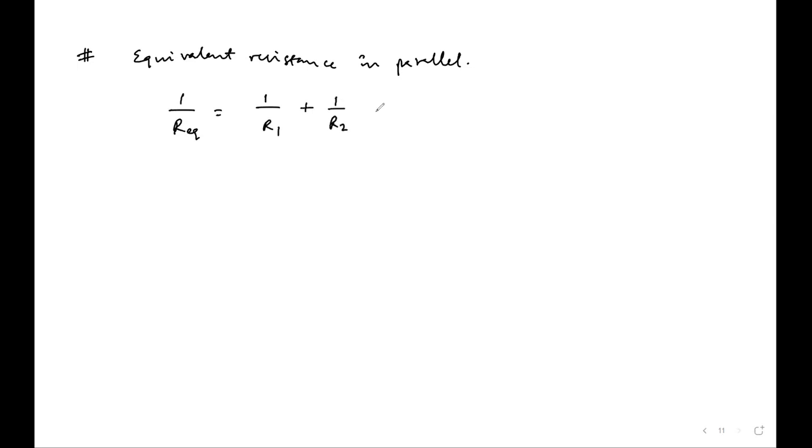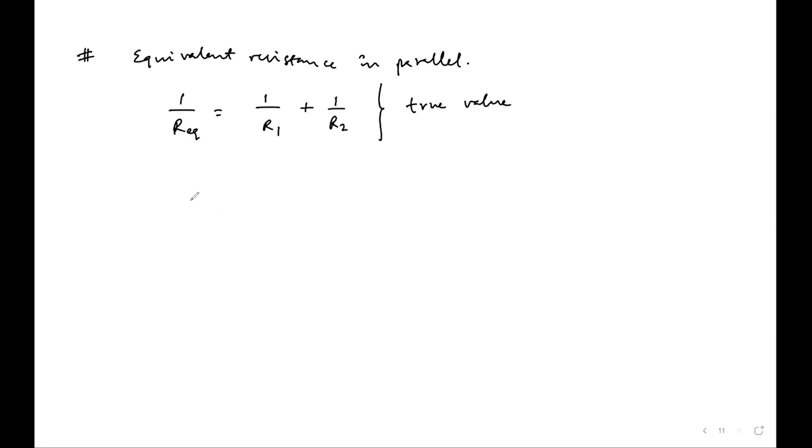There is one exception in this part. Suppose you have to calculate equivalent resistance in parallel combination. So we have formula 1 by R equivalent is equal to 1 by R1 plus 1 by R2. So this will be nothing but true value.